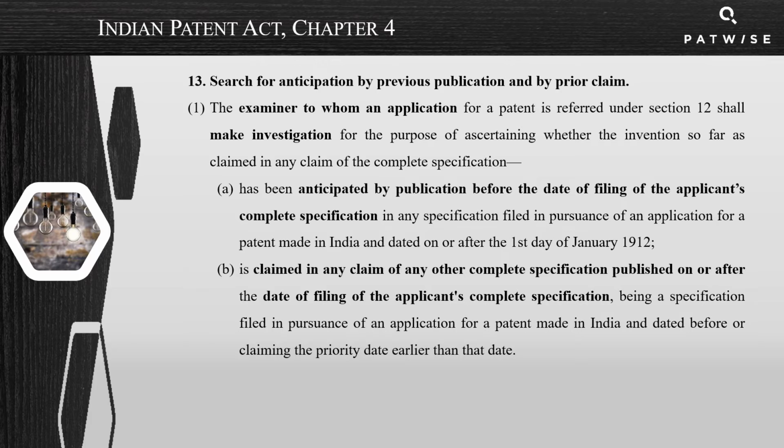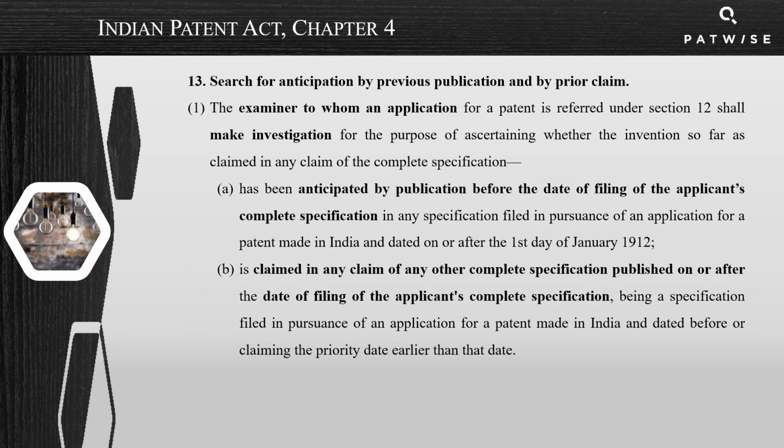He conducts one search wherein he looks at any publications of patent applications in India on or after 1912, about the same or similar invention in question, but published before the date of the applicant's filing date. So this is called anticipation by previous publication.